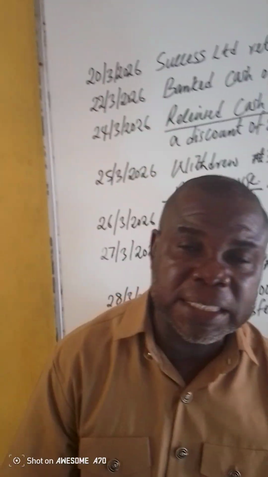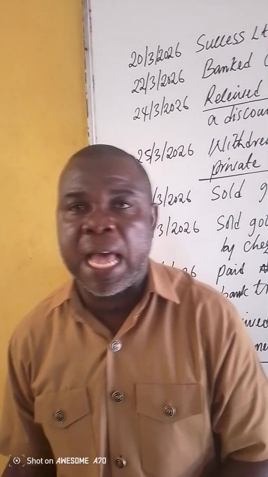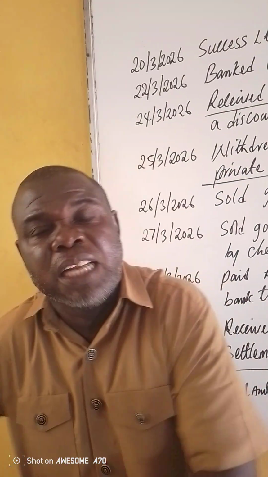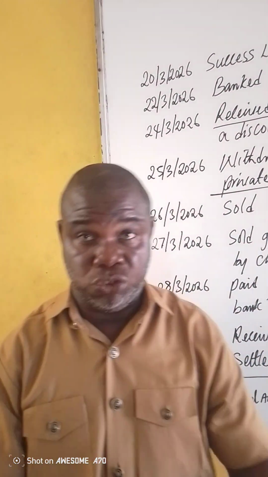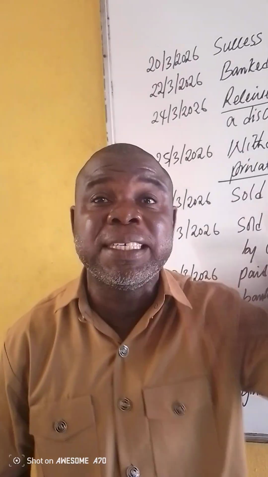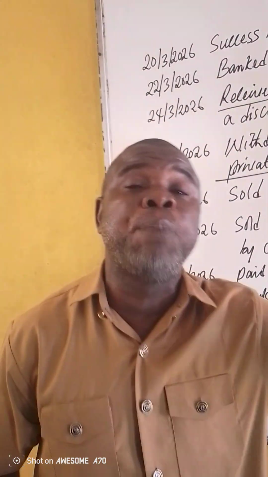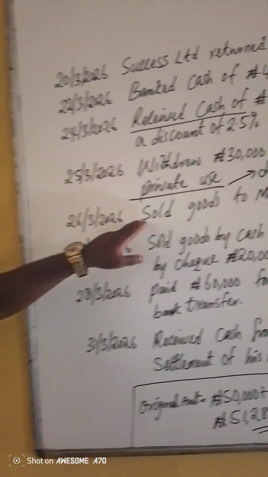Sometimes you see things like we drew cash to the business to purchase a private car or to pay some school fees or to pay personal electricity. Anything that is not of the business, if it is mentioned, it is drawing. It doesn't mean that they must say private use. The private use can be anything that is personal to the owner. If the owner withdrew money to pay for it, that becomes drawing. Take note.